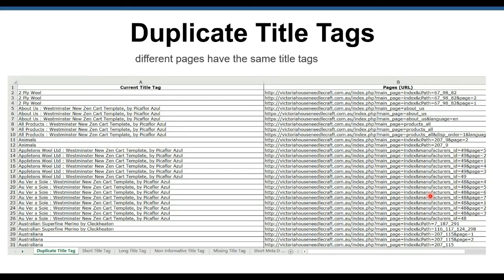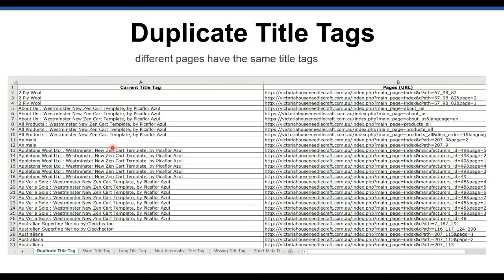Okay, next we have the duplicate title tags here. When you say duplicate, they have the same title tags, but the pages are different. When you look here, the pages are totally different from each other because they have different URLs.